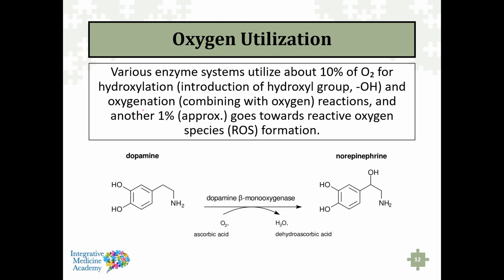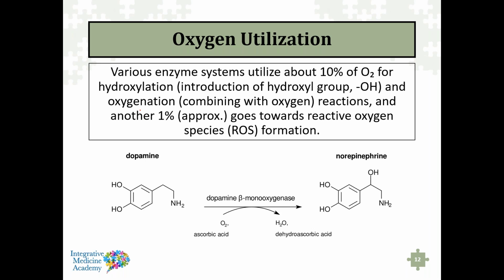Another 10% or so of oxygen is used by various enzyme systems in what are called hydroxylation and oxygenation reactions. So hydroxylation is adding a hydroxyl group or an OH group. And then another 1% of oxygen gets formed into reactive oxygen species, which is what we need to deal with metabolically to prevent oxidative stress.